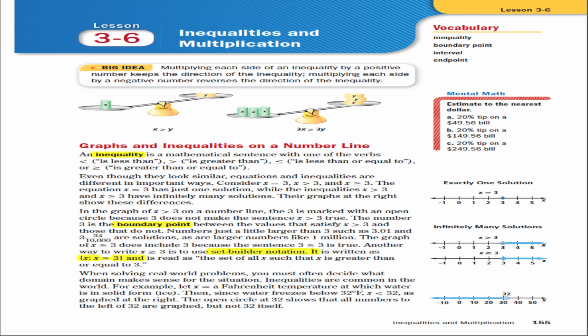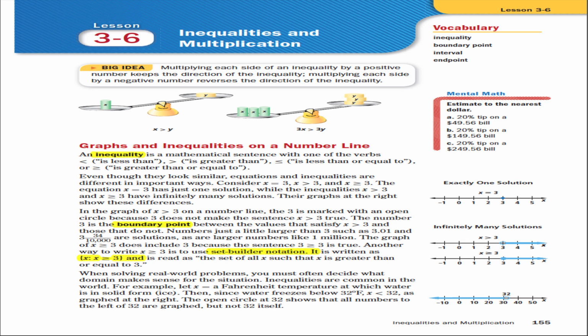We have to mark the boundary point, whether it's included in the solution or not. We indicate with an open circle that it is not included in the solution, but it is our boundary point, and everything to the right of 3 is a possible solution, which means you can become infinitely close to 3 as long as you're not exactly at 3, and that still is a solution for x is greater than 3.